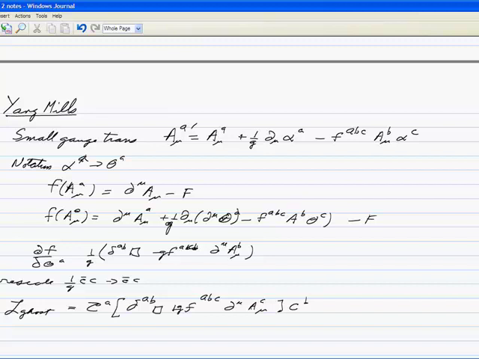Okay, so in this formula, just like the derivative acts on things to that side, this derivative acts on both of them. It acts on both A and C, so it's the sum of them. But now this looks like an interacting Lagrangian. It's no longer independent of A, so we're going to have some interactions now.